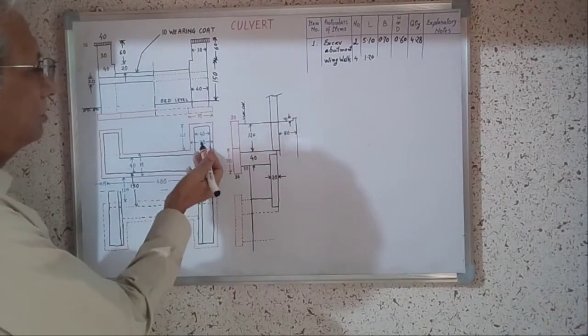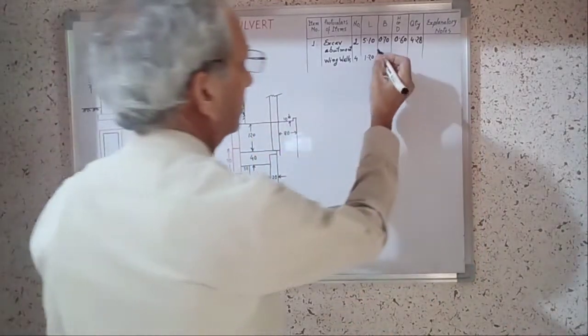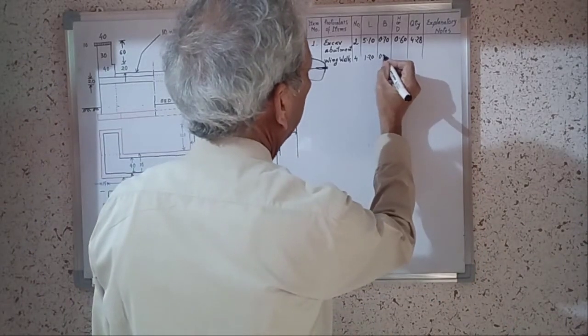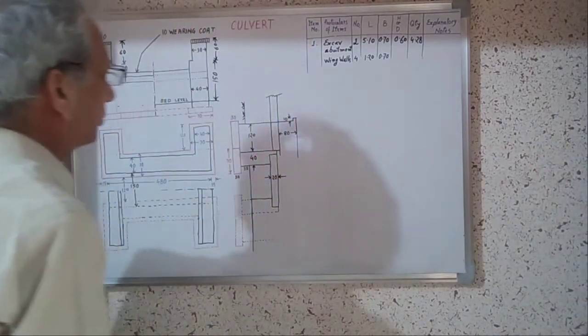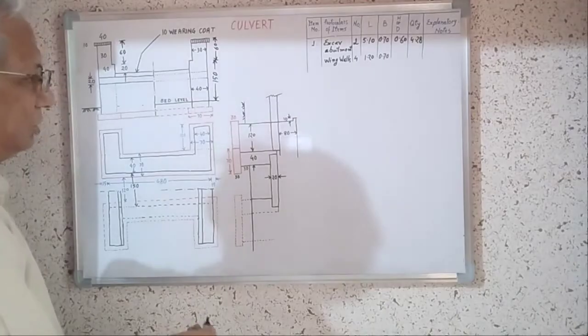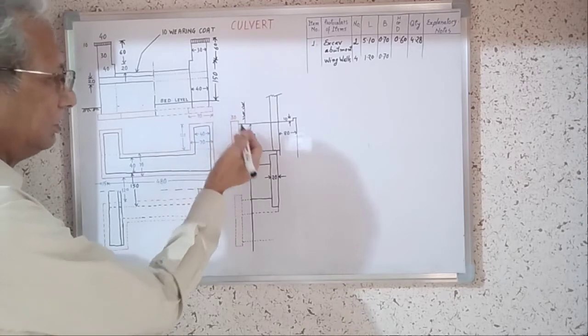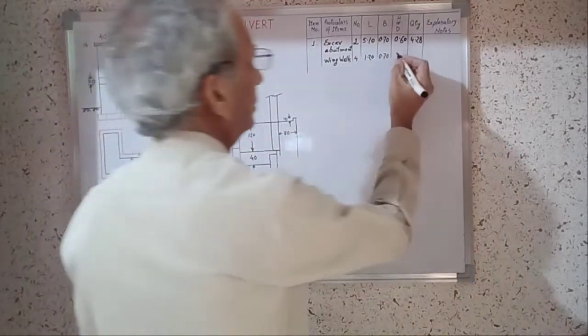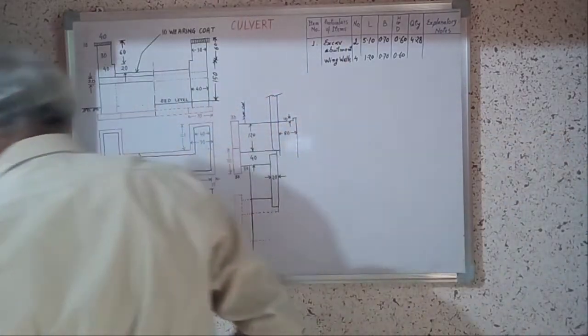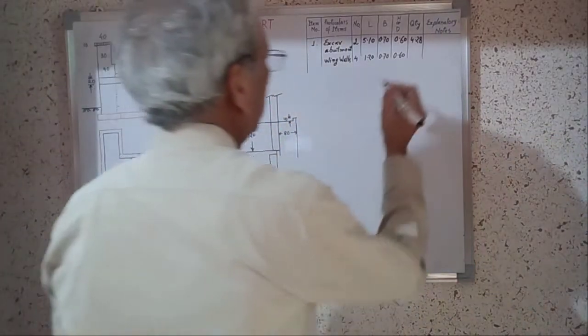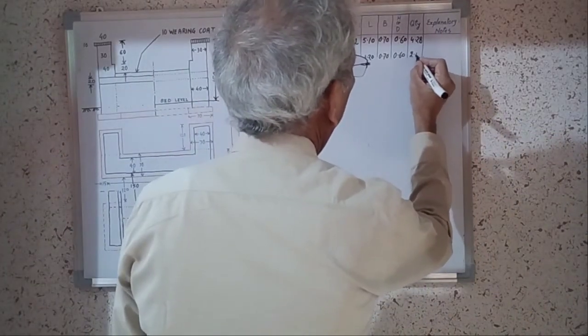Width will be 70, same width as we have taken for abutment. Now depth will be the same, 30 plus 30, 60. Now when we do the calculation, it will be 2.02.